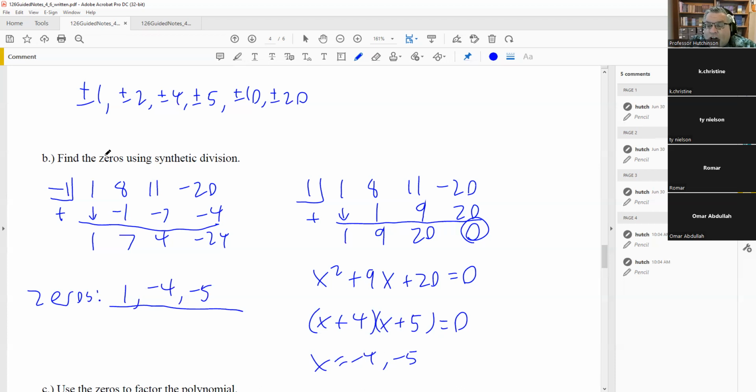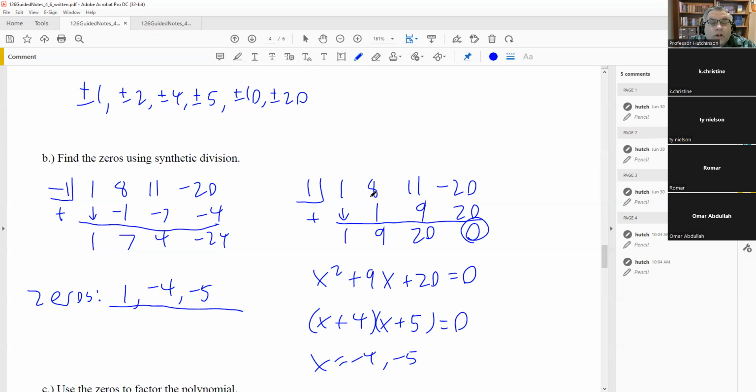It'll say, find the zeros using synthetic division, given that x equals like 1, for instance. And so in that case, since one of them is already going to be provided for you, you're not going to have to do all this guess and check work that we did here by trying and running through the entire list using synthetic division. You should only be able to use synthetic once or twice to get the other answers, and that's it.